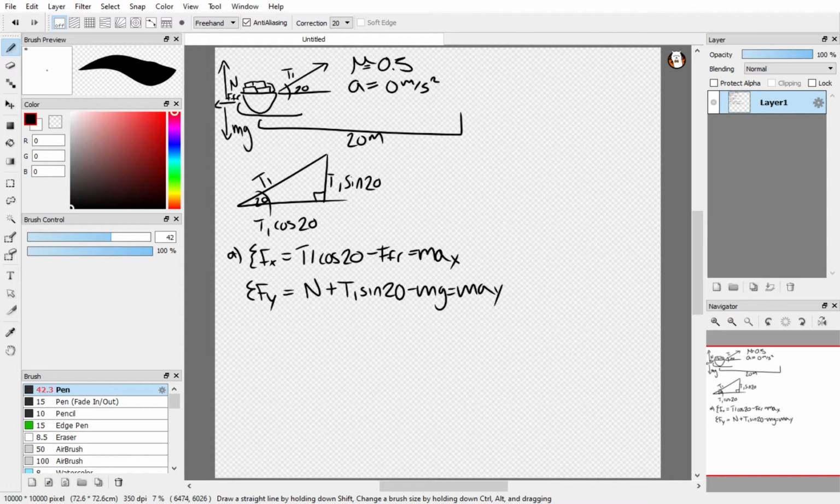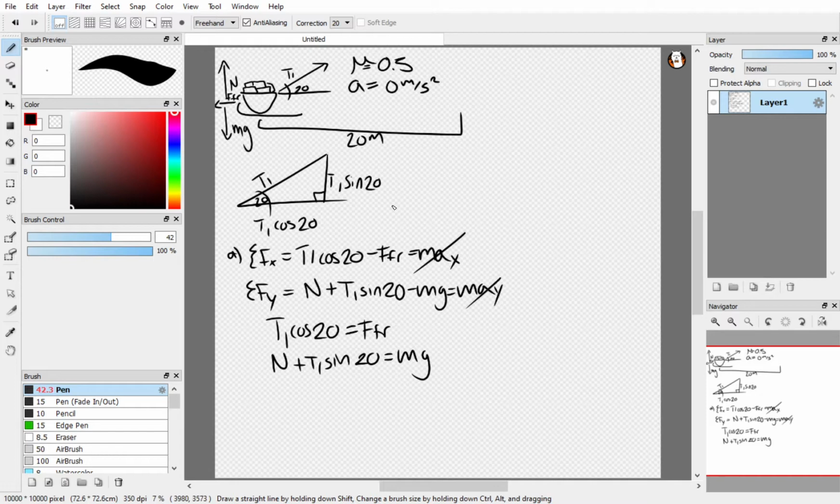With this, as we know, considering it's being pulled at a constant rate and the acceleration for both is 0, both sides equal 0 and the ma terms cancel out. So for the sum of forces of x, you can simplify that down to T1 cosine 20 being equivalent to the force of friction, and also N plus T1 sine 20 being equivalent to mg.